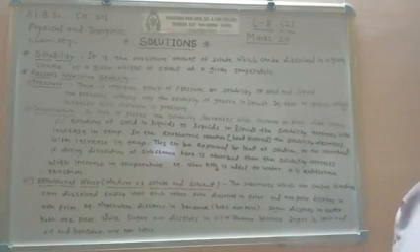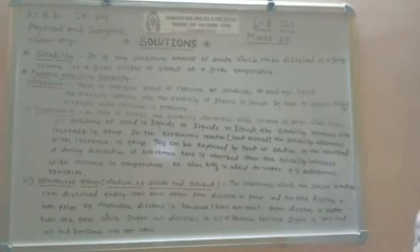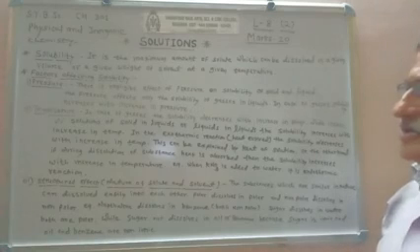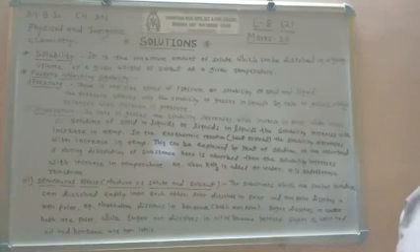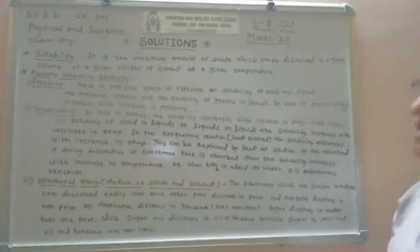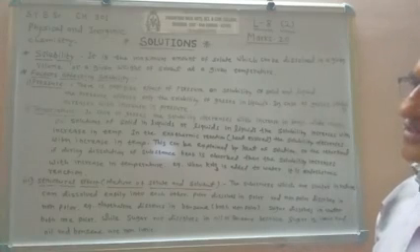Now, solubility depends on the following factors, that is, the factors affecting solubility. Solubility is affected by pressure, temperature and nature of solute and solvent. So these are the three factors on which solubility increases or decreases. First is pressure.